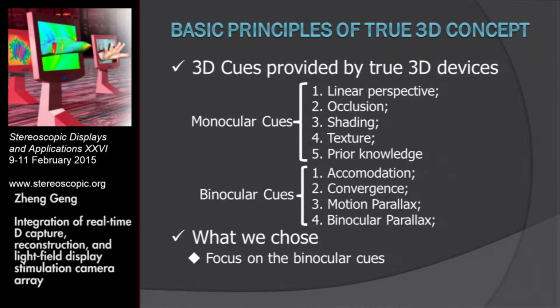Because of the similarity to the way our brain sees things naturally, the binocular cues are more similar to the way that we feel the real world. So, in our system, we focus on the binocular cues.